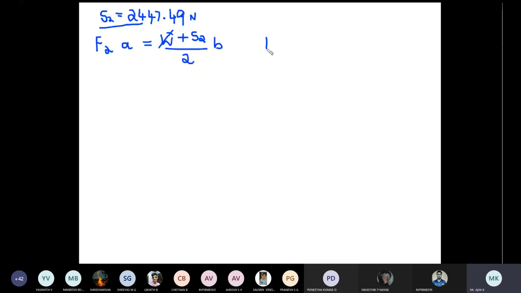Substitute all other known values. F2 is unknown, keep it as it is. You have to find out F2 value into A value 0.15 is equal to S2 value 2447.49 divided by 2 into B value, which I think is 0.1.